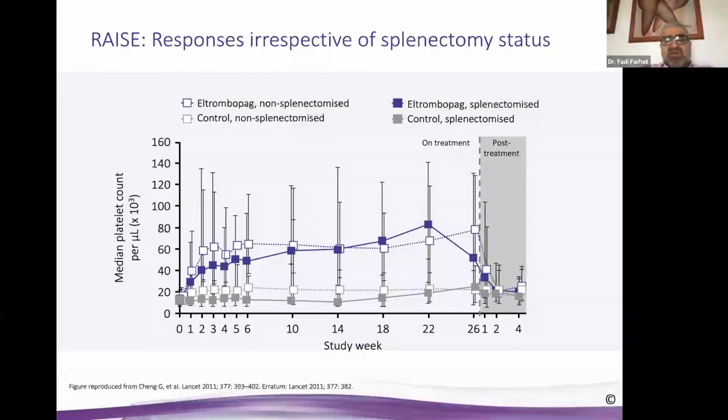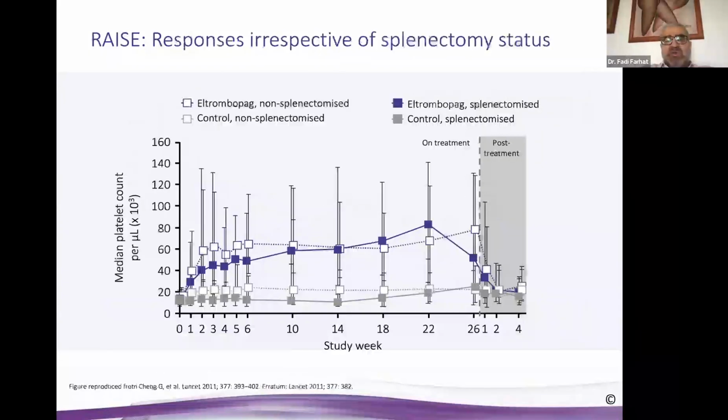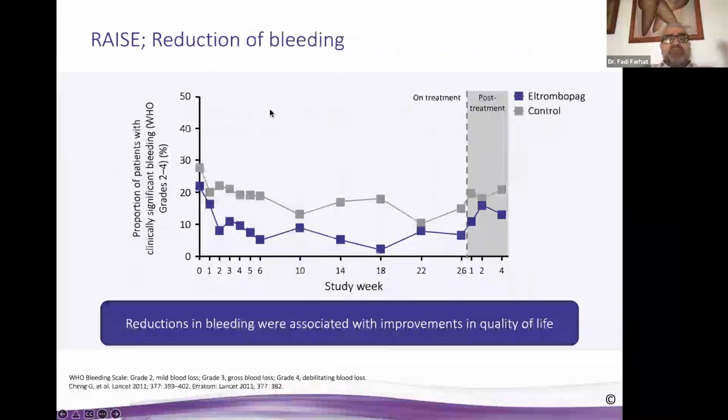So those patients receiving L-Thrombobag, even if splenectomized or not, will respond to the treatment, and will respond equally, as you can see here in the blue, the L-Thrombobag compared to the control.